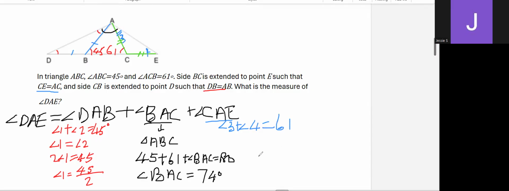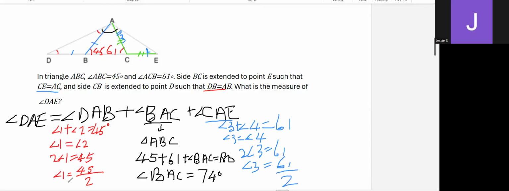And because we're given AC is equal to EC, we can say that angle 3 is equal to angle 4. So 2 times angle 3 is 61 degrees. So angle 3, which is also angle CAE, is equal to 61 over 2 degrees.